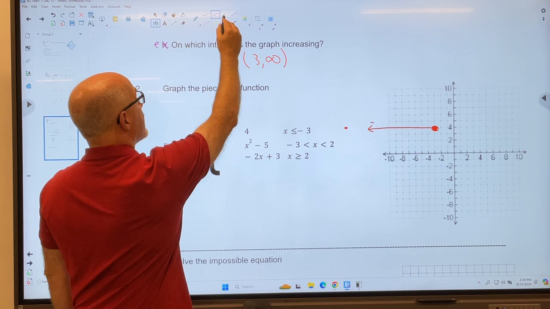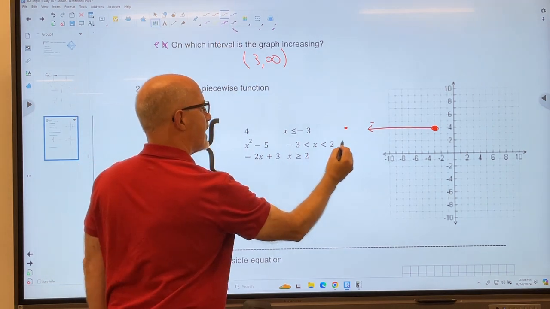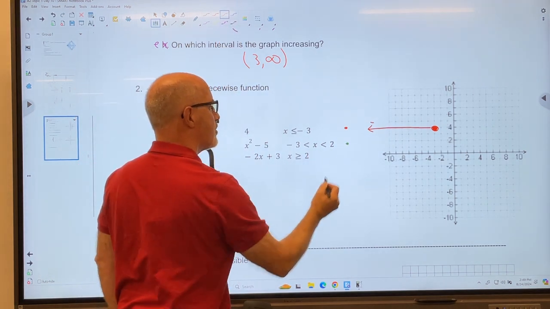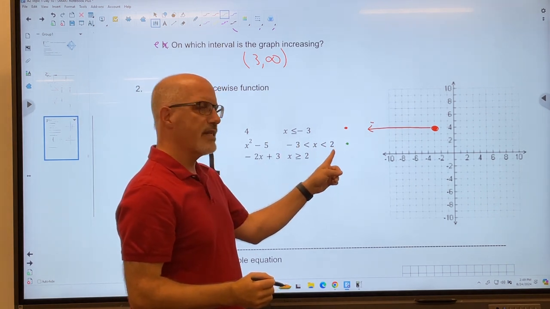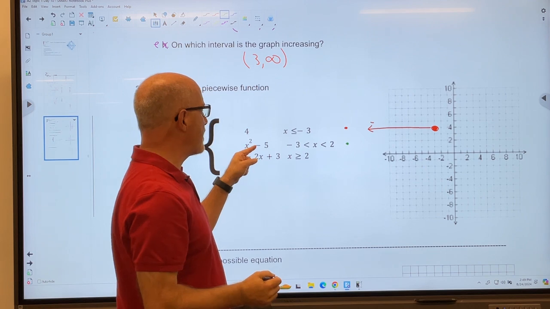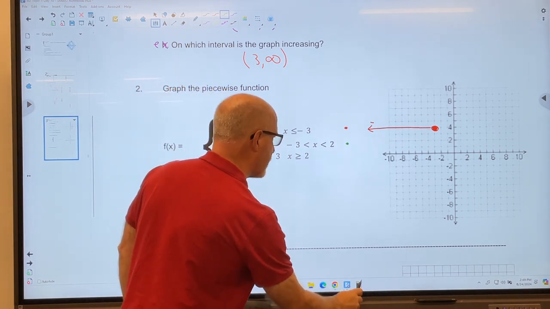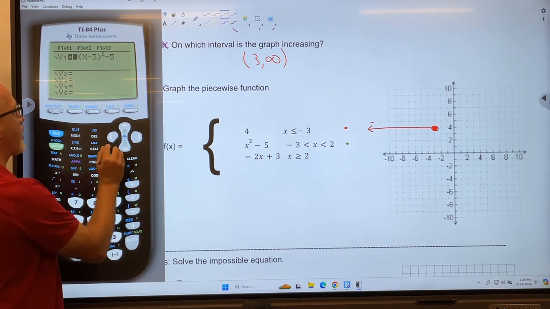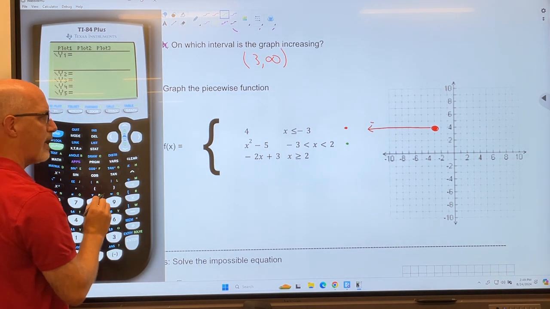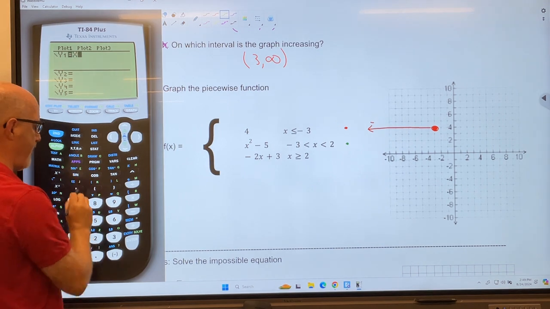Now I want to do the next part. I'll put it in green. Now this is an interesting graph. This is going to be a parabola, and I want to go from this point to that point. Now remember what this parabola looks like. If you want, it might help to do a quick graph of it on your graphing calculator. So we have x squared minus 5.